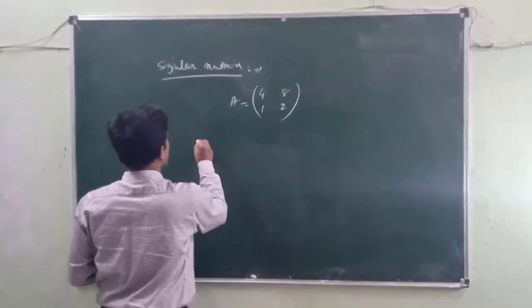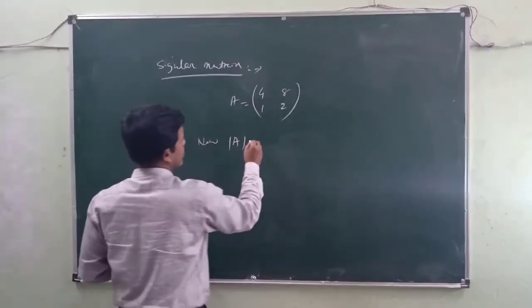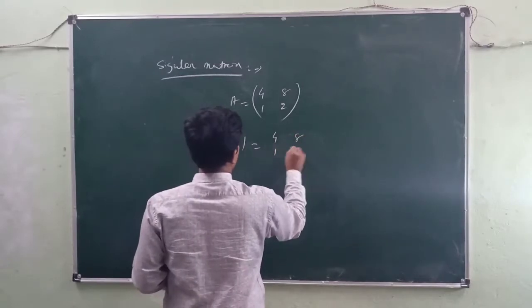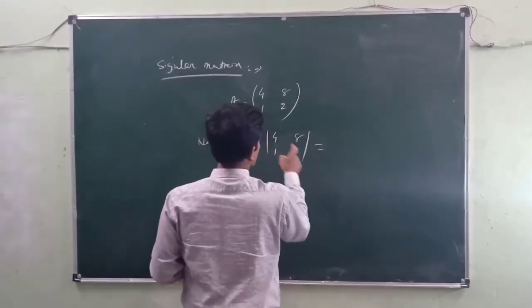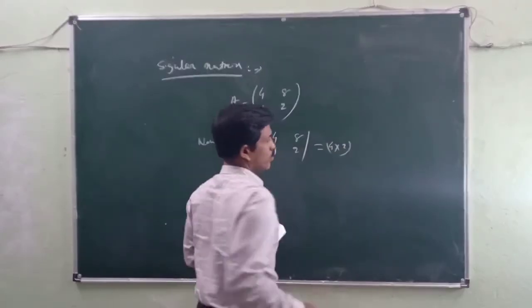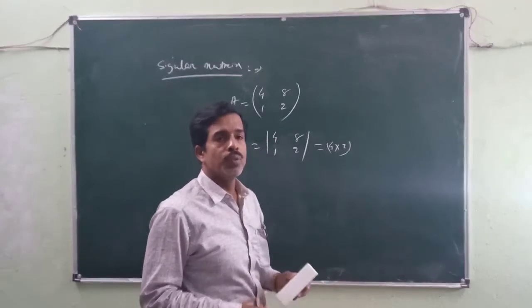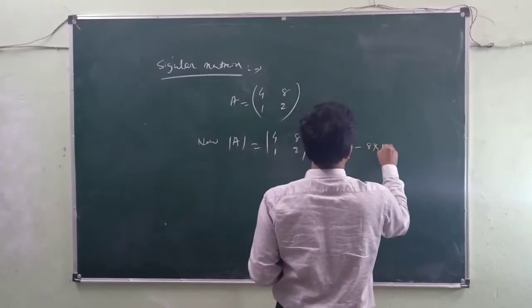Now, what will be the determinant value of A? That means we take the determinant of 4, 8, 1, 2. Here it will be 4 into 2, because you know how to find the value of a second order determinant, then minus 8 into 1.